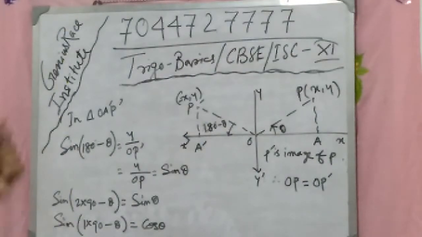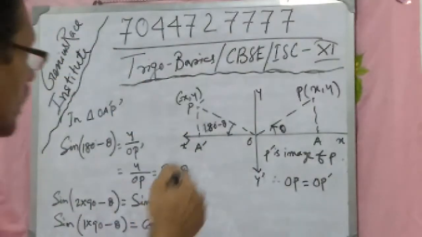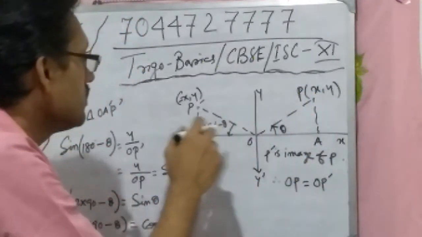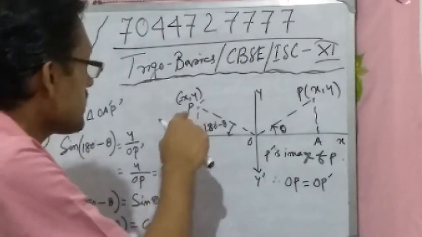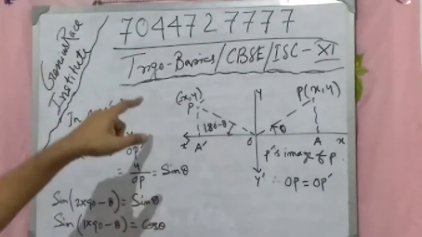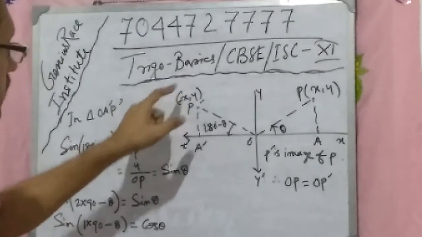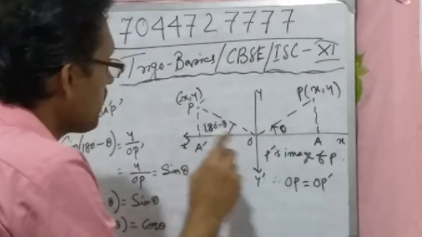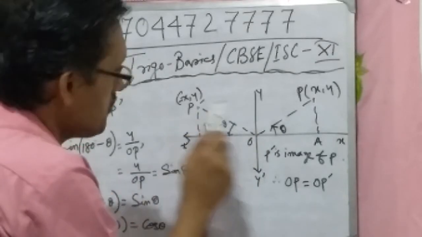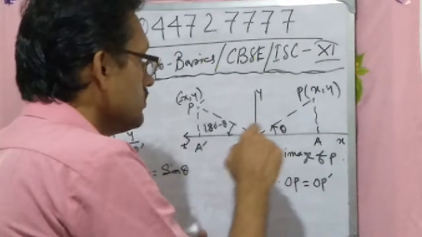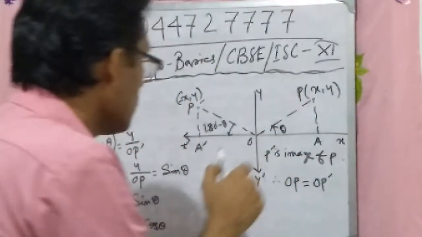Now in this section we have considered point P (x, y), and let us consider P dash as the image of this point. So the coordinates will be (minus x, y). Since P dash is the image of P, OP and OP dash must be equal.